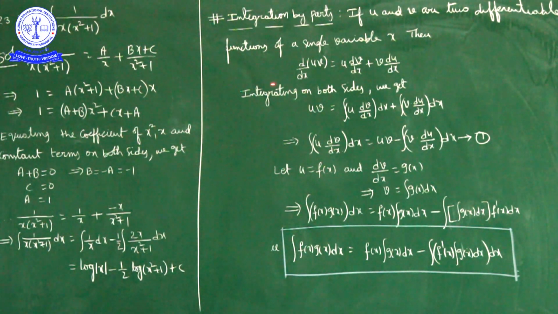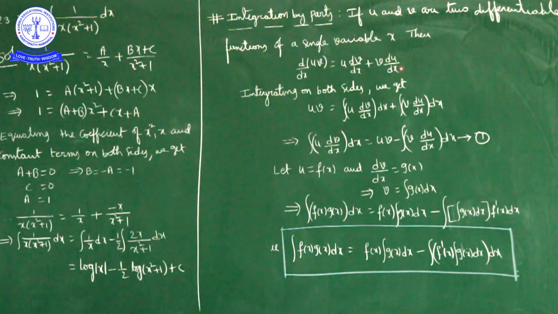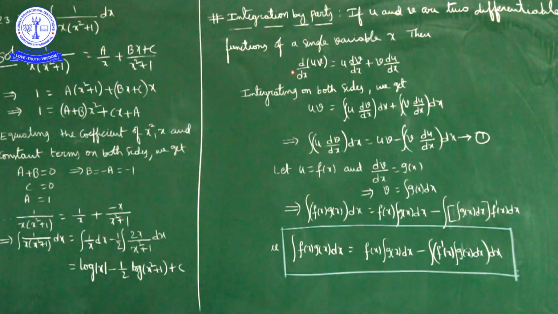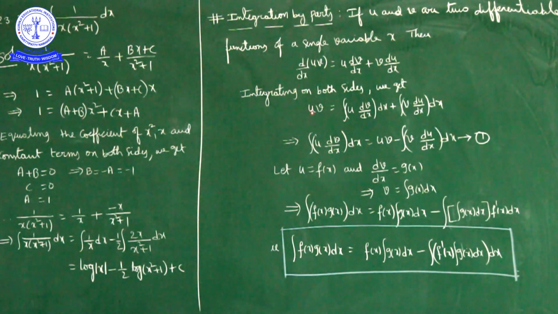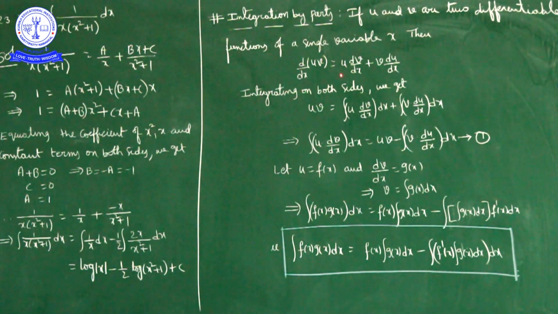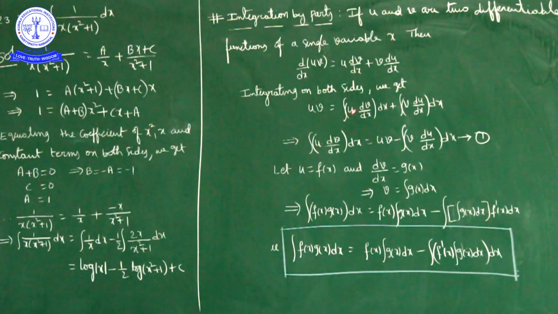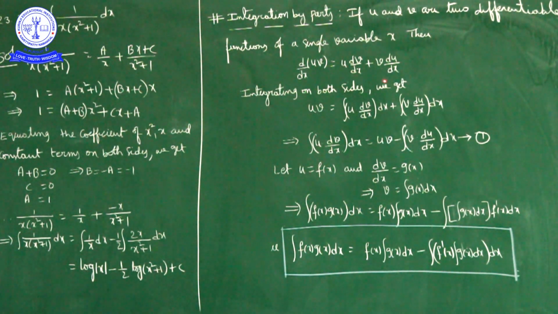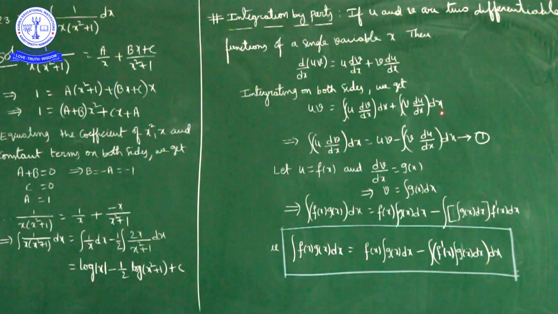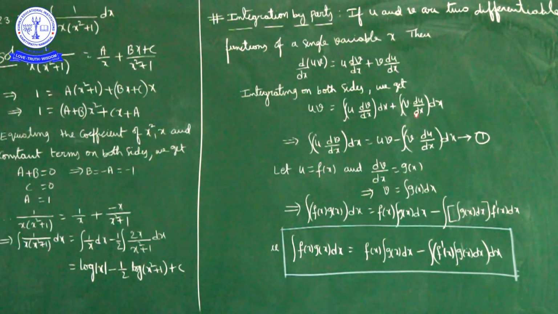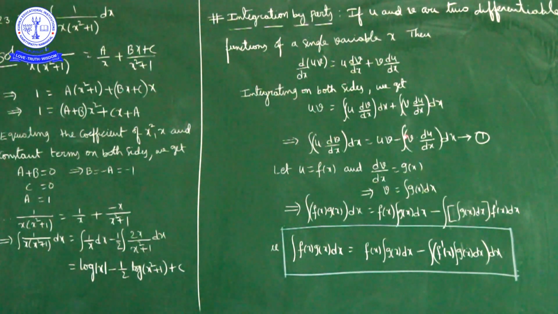Now integrating on both sides, the integral of d by dx of uv: integration and differentiation are inverse processes of one another, so we get uv. uv is equal to the integral of u into dv by dx into dx plus the integral of v into du by dx into dx. Now if I write this term on this side, we get the integral of u into dv by dx into dx is equal to uv minus the integral of v into du by dx into dx.